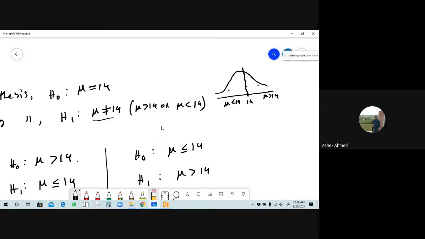From this region, tell me at which points the null hypothesis will be accepted. The points that lie on mu equal to 14 will be accepted for the null hypothesis.